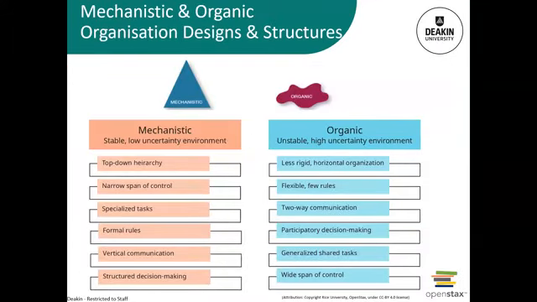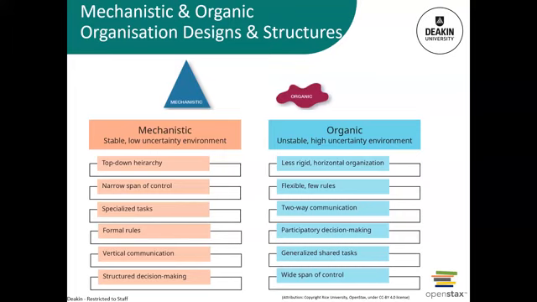And if we look now at the two extremes of organisational design and how organisations are structured next, this can be in response to their environment, how organisations structure themselves. There are these two extremes, but in reality, most companies fall somewhere in between, but one more than the other, if you like.